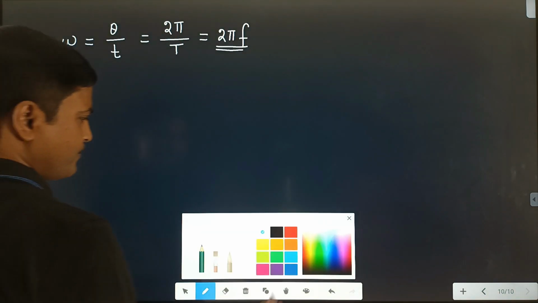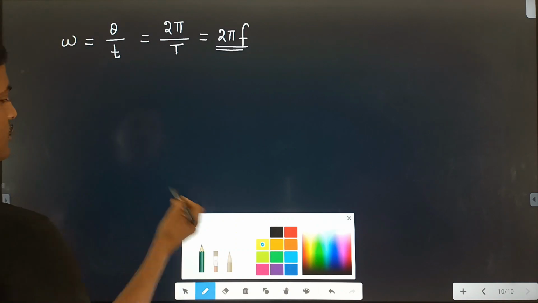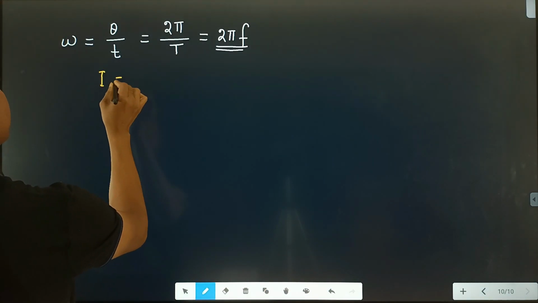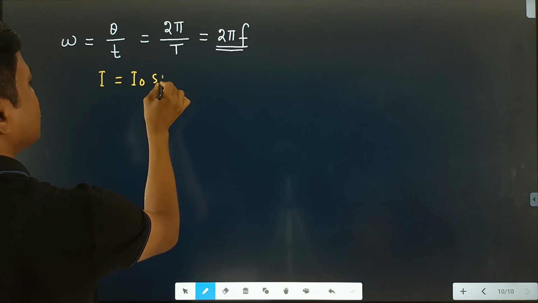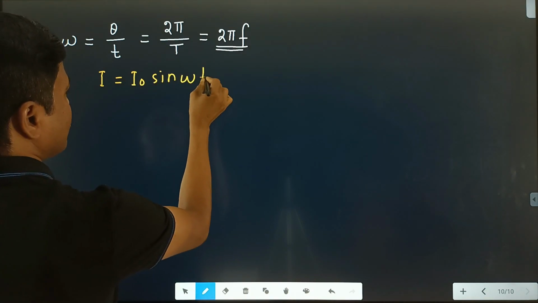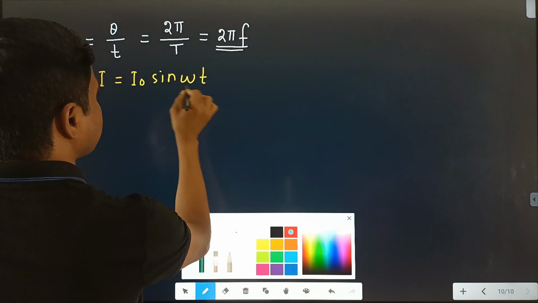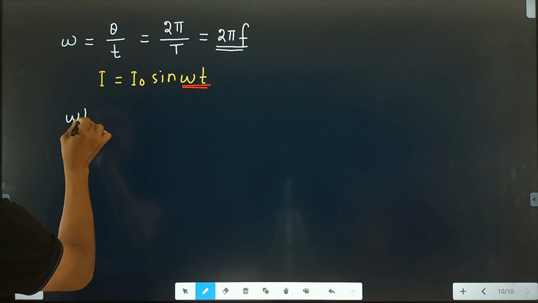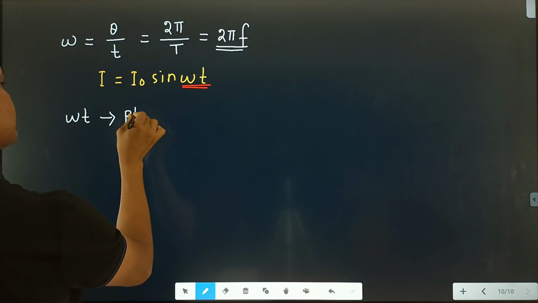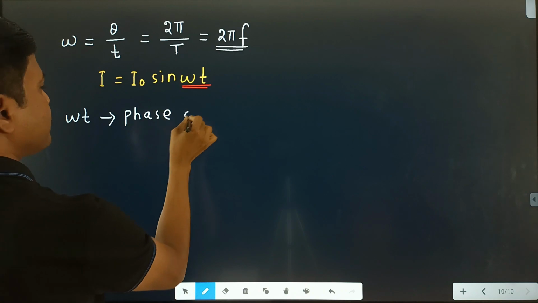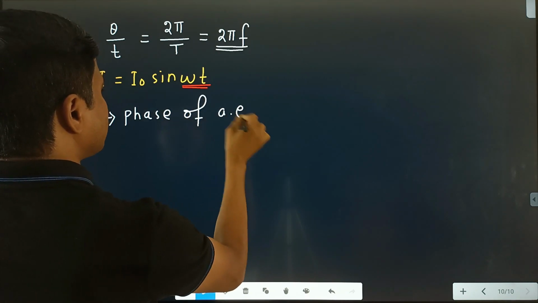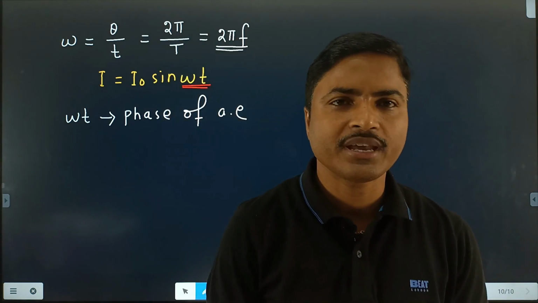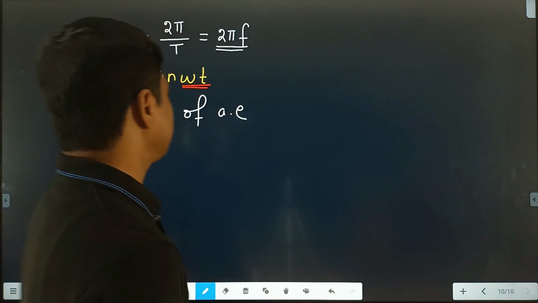And what is omega t? Because your equation of alternating current is I is equal to I0 into sine omega t, your omega t is there. What is omega t? Your omega t is known as the phase of AC, or the phase of the alternating current.